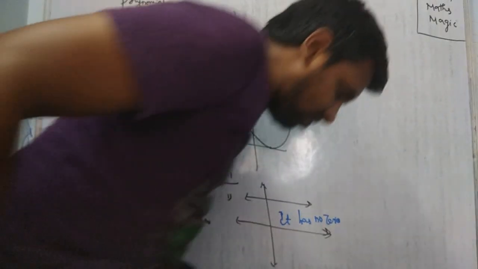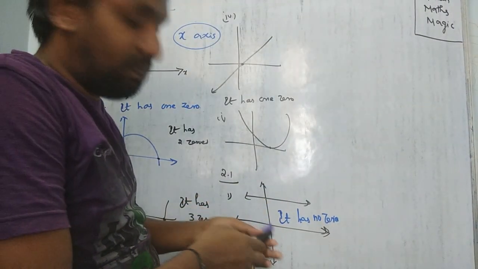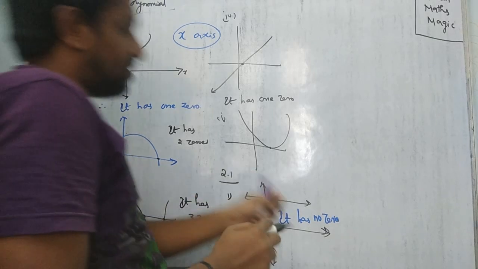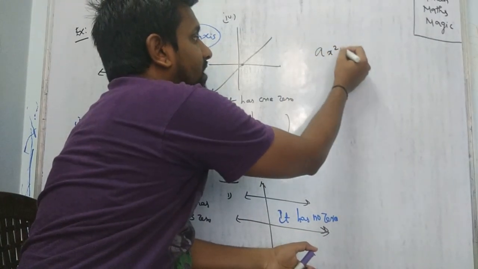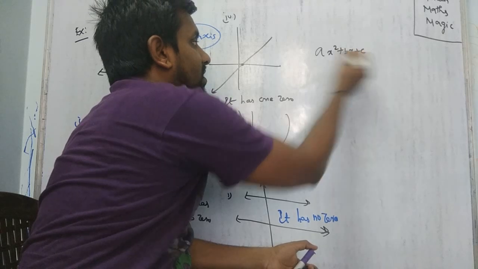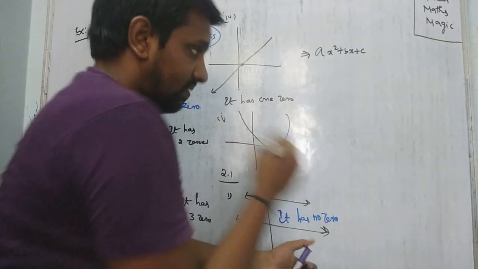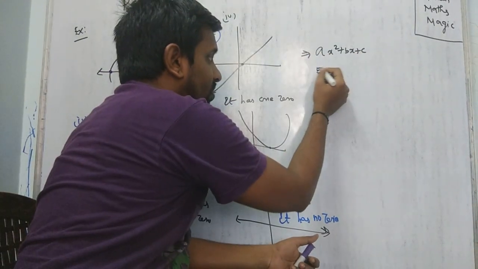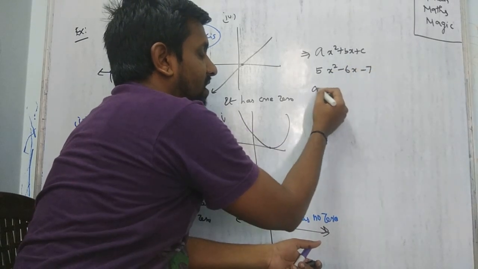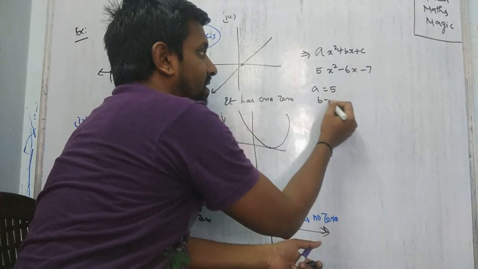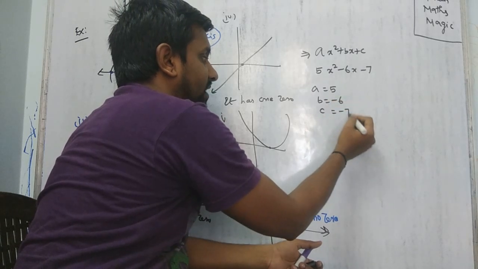And the second exercise introduction. The second exercise is the relationship between zeros and the polynomial coefficients. What are zeros and polynomial? I already told you that ax squared plus bx plus c is a quadratic polynomial. You should know how to find what the a value, b value and c value are. Here a value is 5, b value is -6, c value is -7.